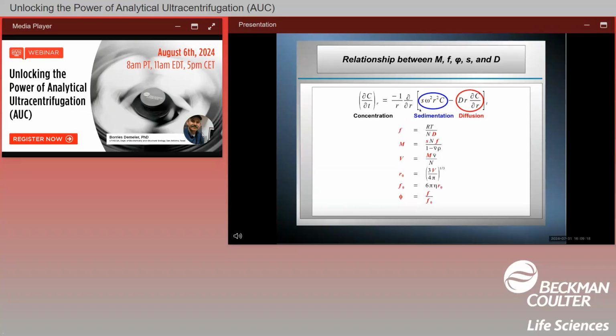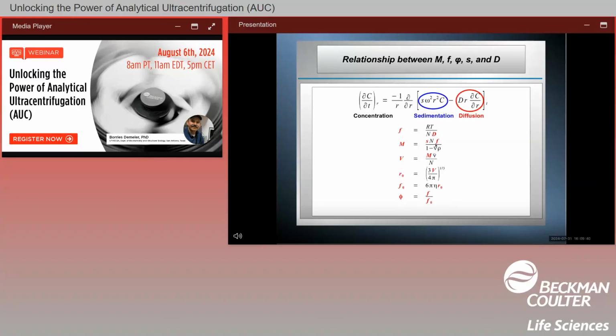From modeling this concentration curve that we just saw, we can then extract the sedimentation and diffusion coefficient of each component that's in the mixture. Once we have the diffusion coefficient, we can use this equation here to determine the frictional coefficient of the particle.